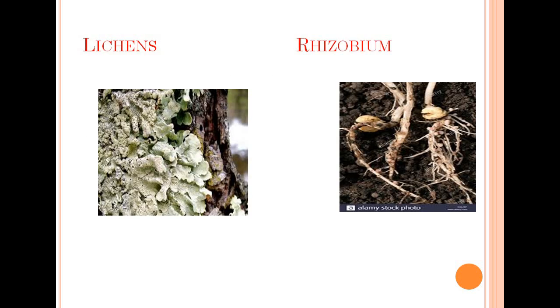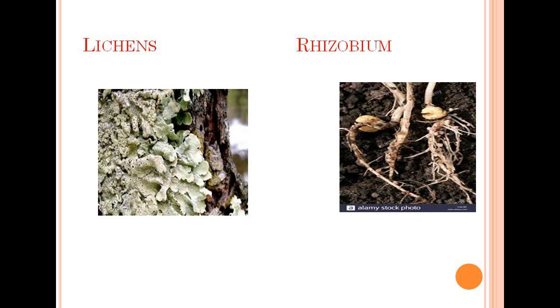Here I have given you two pictures of symbiotic plants, that is the lichens and the rhizobium. Lichen. First we will deal with what lichens are. Lichens are an association between a fungus and microscopic chlorophyll-containing organisms, that is green alga.